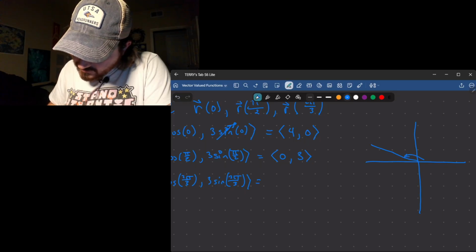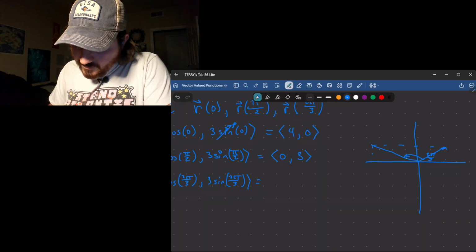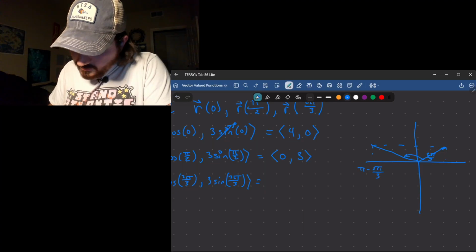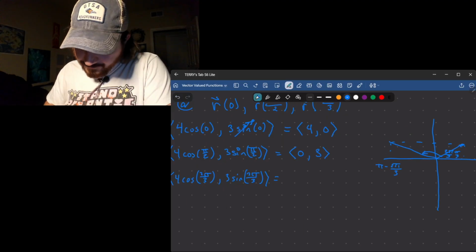So I know that that's 2 pi over 3, and I know that it's going to have the same y and x value as whatever I get on this side. So instead of doing 2 pi over 3 over here, I can just take pi minus 2 pi over 3, which will give me just pi thirds, and I can just take my values off of that and flip the x. Okay?